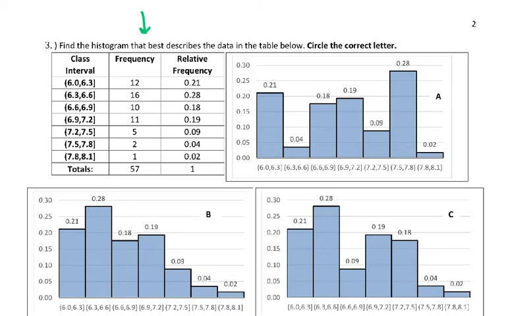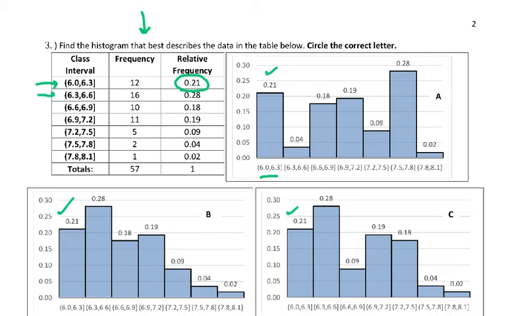Now, in this problem, we have a frequency and relative frequency table, and you're just supposed to match it to the histogram. So if you understand how a histogram works, this is pretty straightforward. The first column corresponds to this first interval, and it should have a height of 0.21. So this one does, and this one does. So far we don't know.